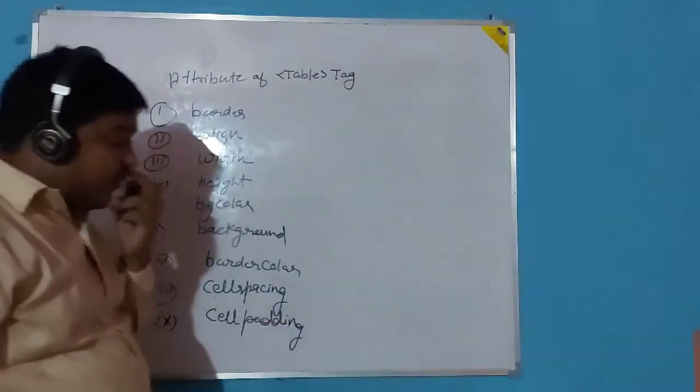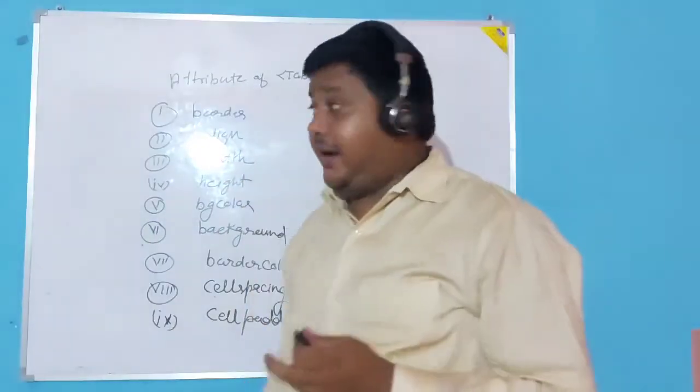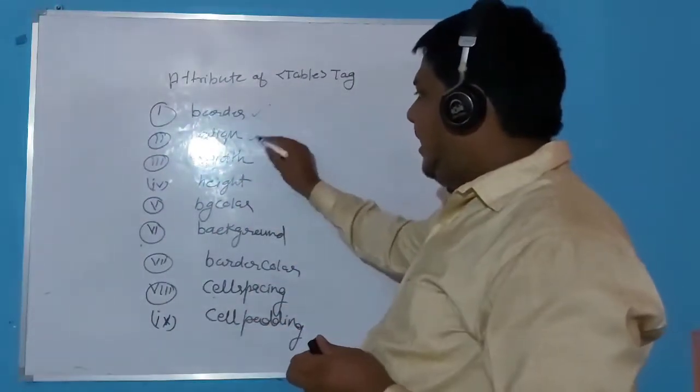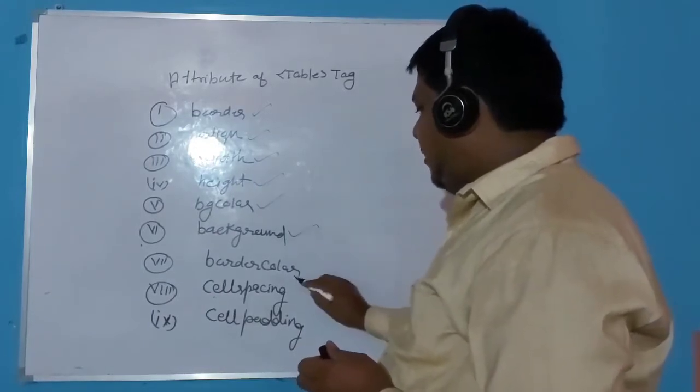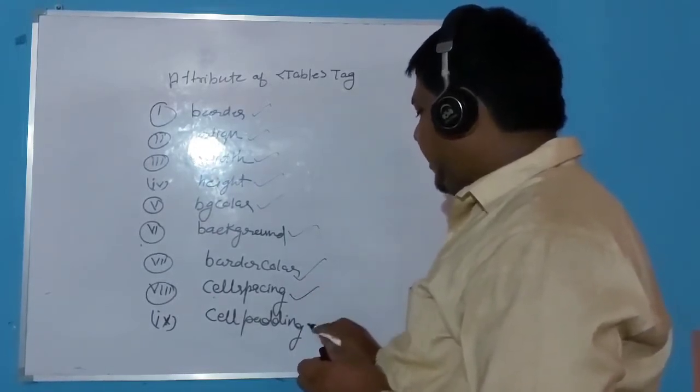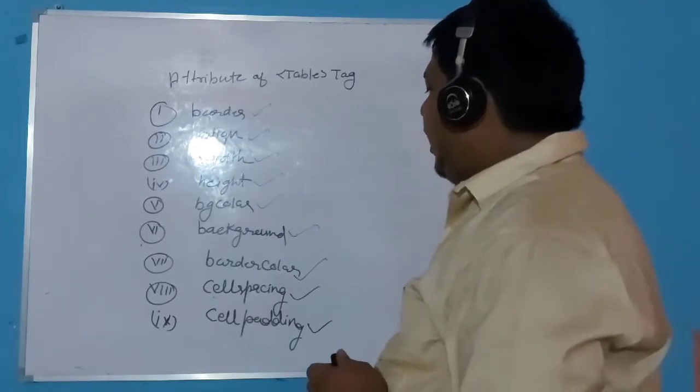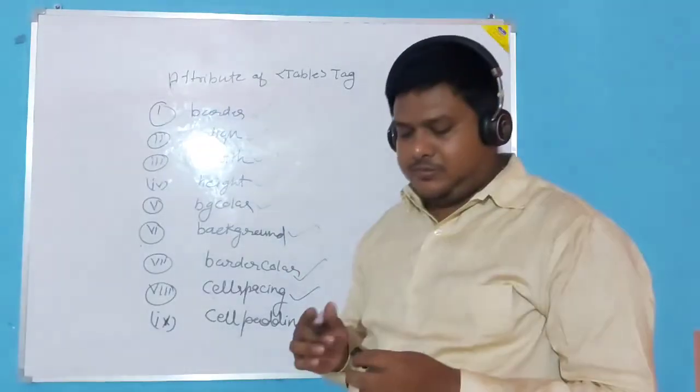That much attributes table tag is providing: border, align, width, height, bg color, background color, border color, cell spacing, and cell padding. All are important.